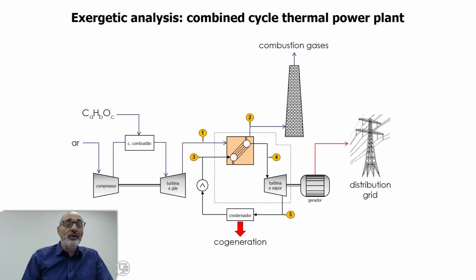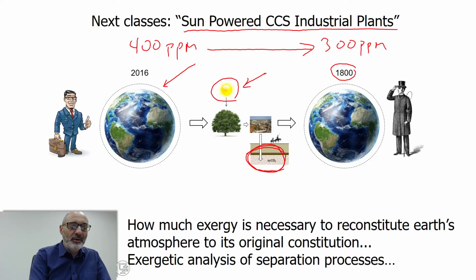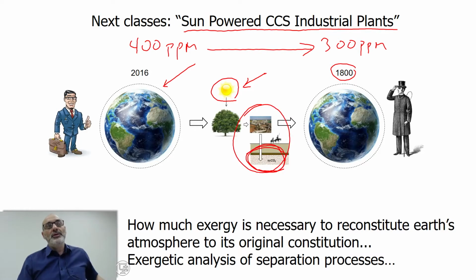I'm going to show you a more detailed problem, the CCS power plant. We're going to make a complete exergetic analysis, and I'm also going to talk about making an exergetic analysis of internal combustion engines. So I think this is it.